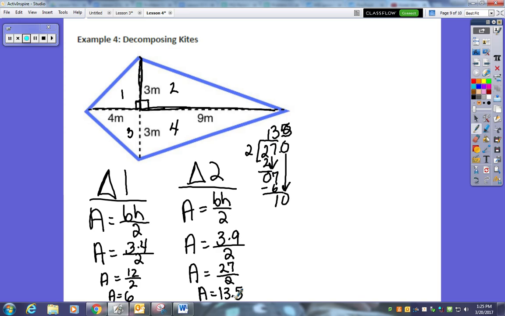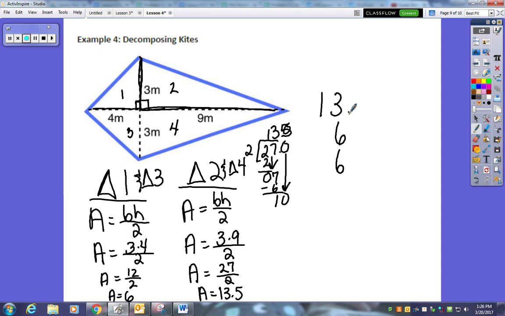Now, if we look ahead, triangle 3 is the same size as triangle 1. It's got a base and a height of 3 and 4. So that means I would need 2 of these. So this is also triangle 3. And then triangle 4 is the same size as triangle 2, a base of 3, a height of 9. So when I go to add these all together, I want to make sure that I do 2 6s and 2 13.5s.